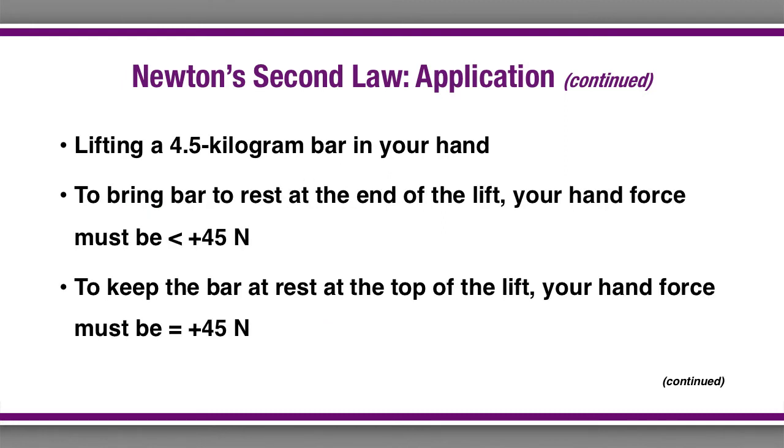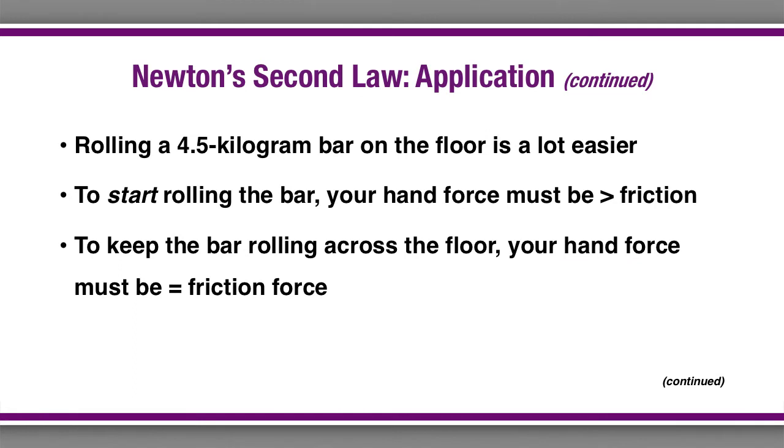So to bring the bar to rest at the end of your lift, your hand force must then be less than positive 45 newtons, because it has to come to a stop. And then obviously to keep the bar at rest at the top of the lift, your hand force must be equal to 45 newtons.